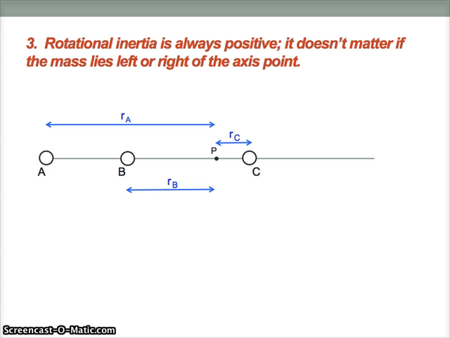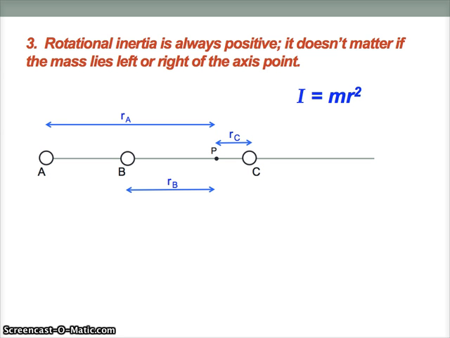Something else that's important when we're calculating these inertia values for particles is that inertia is always a positive number. When you take a look at this picture, you can see that particles A and B are on the left and C is on the right. So some people may think, is inertia negative for some and positive for the other?